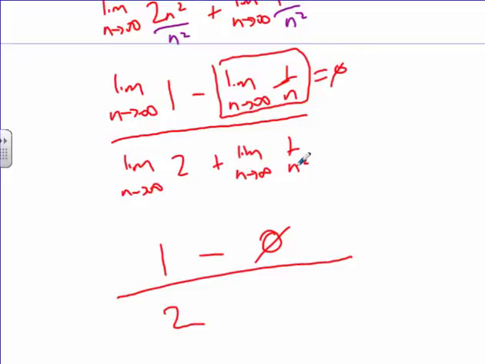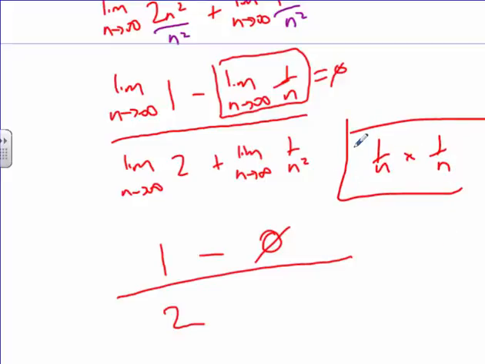And this one right here actually has the same property, because 1 over n squared, as a brief aside, is 1 over n times 1 over n. And that limit would apply to both of them, except this limit right here is 0, and that limit right there is also 0. Really think about it.